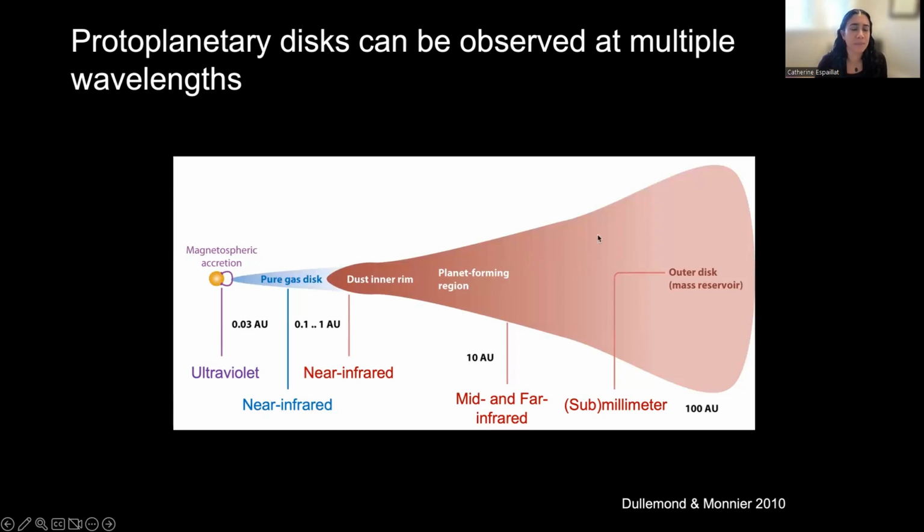And then in the outer disk and in the midplane of the disk, we can get submillimeter and millimeter radiation, as the disk is getting more optically thin as we get further and further out in the disk. All right, so basically protoplanetary disks emit from the UV all the way out to the millimeter wavelengths.